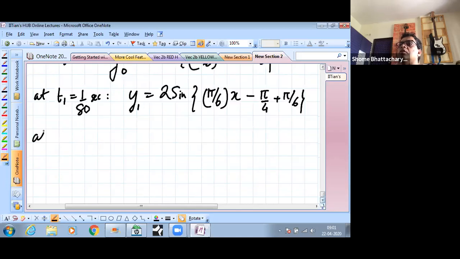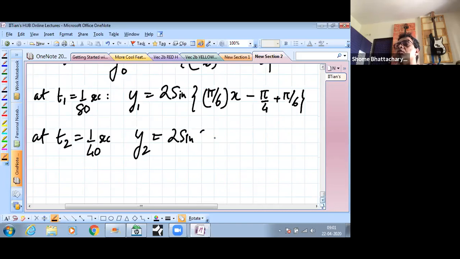Whereas at t2 equal to 1 by 40 seconds, your y2 is becoming something else.